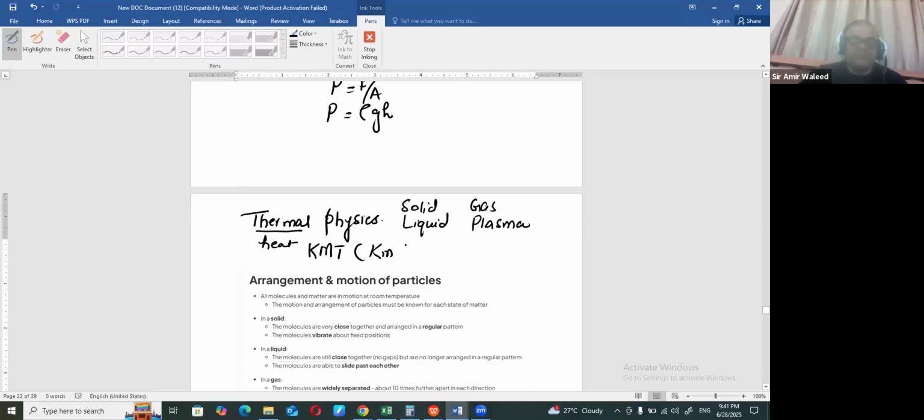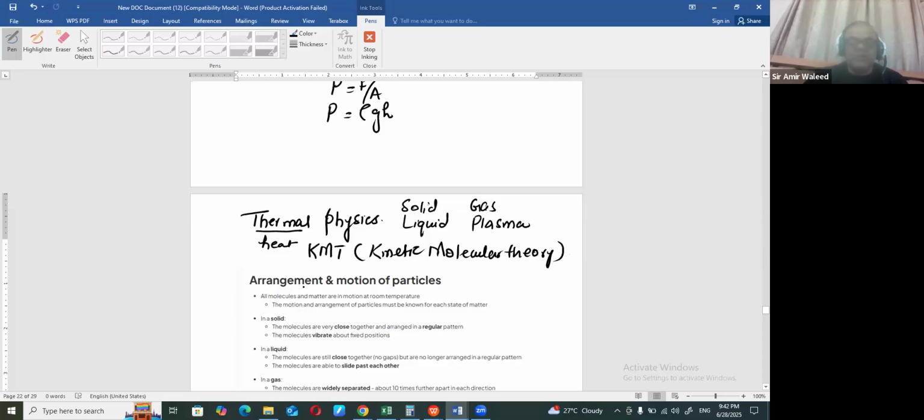It says that these materials, solid, liquid, gas, are based on molecules, right? And definitely molecules are always moving. They have a typical arrangement. There is a typical arrangement of these particles. We sometimes call them particles, sometimes molecules, so don't be confused about it.